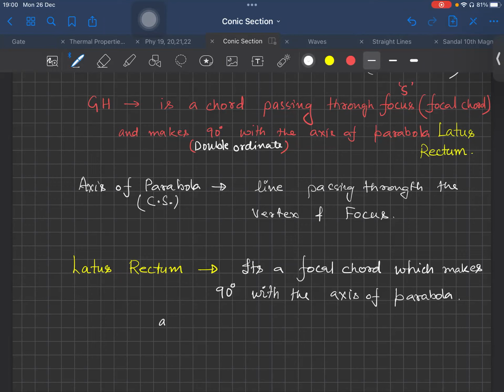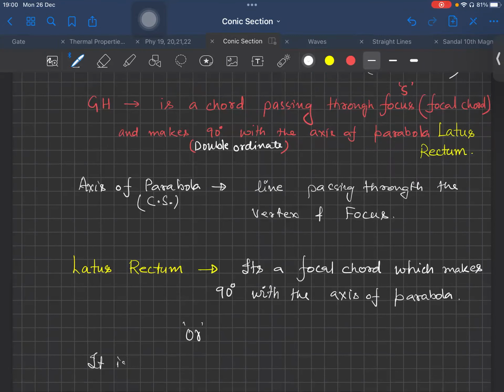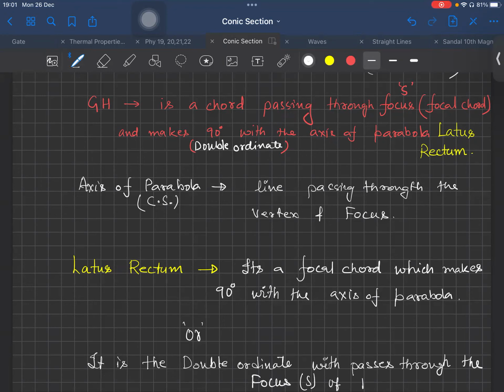Also, you can write, or it is the double ordinate which passes through the focus of the parabola.